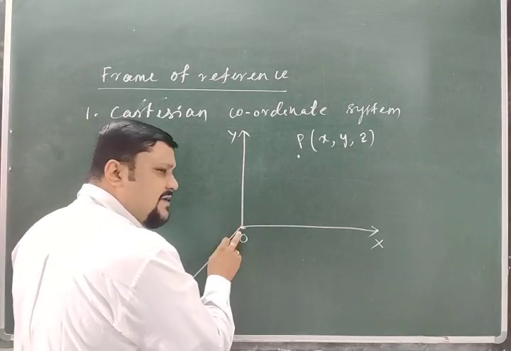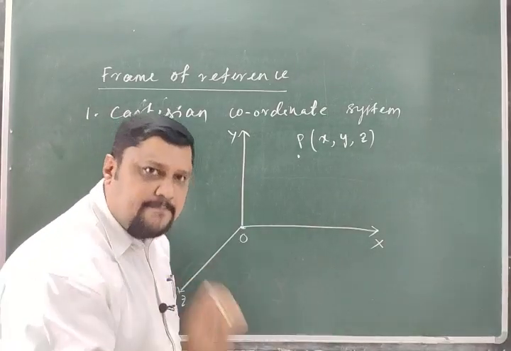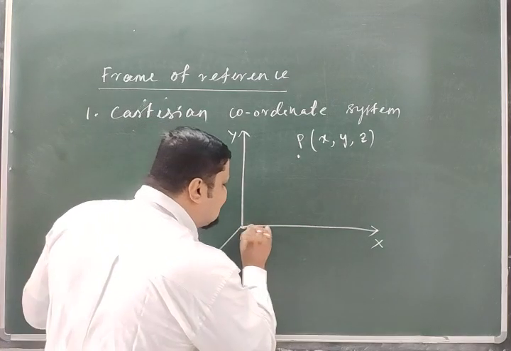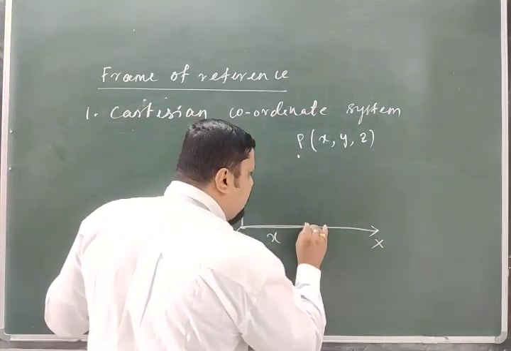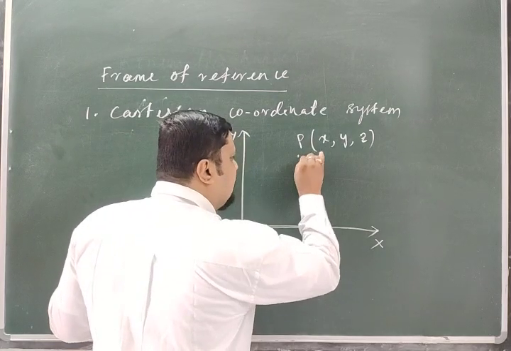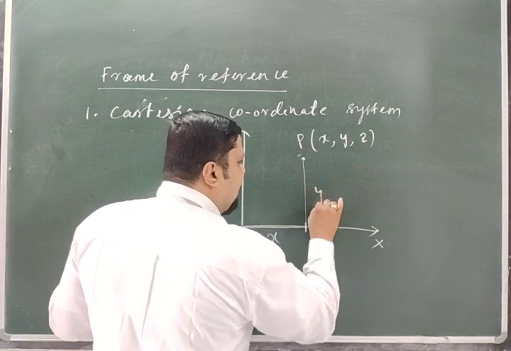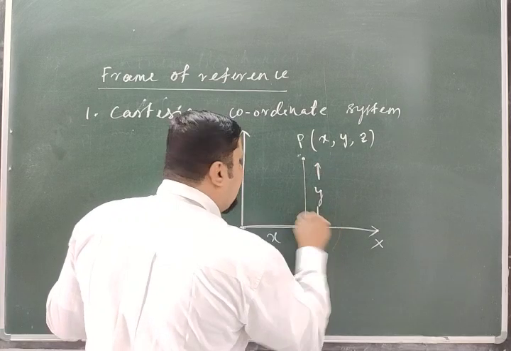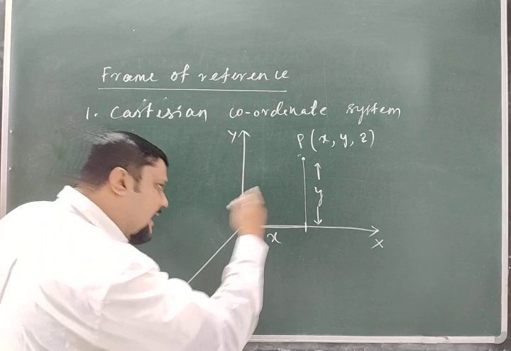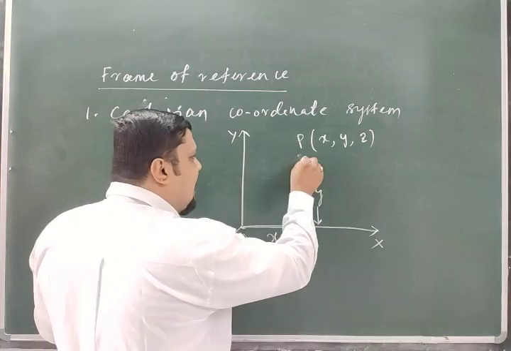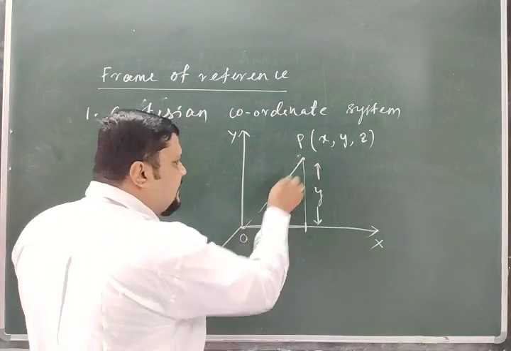If I start from here with a meter scale, if I go x distance along the x axis, then y distance along the y axis, then z distance along the z axis, then I will reach this point P.